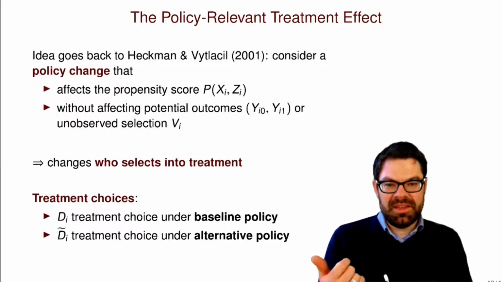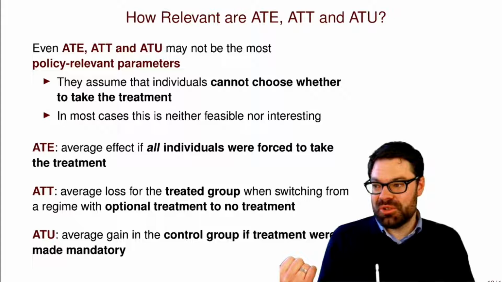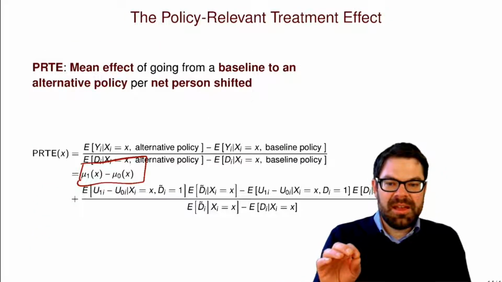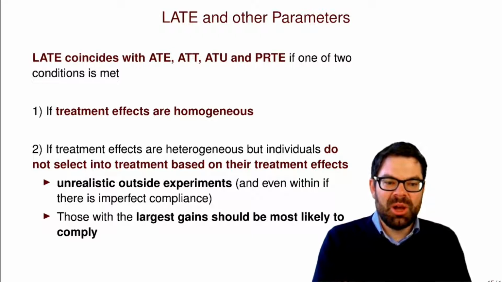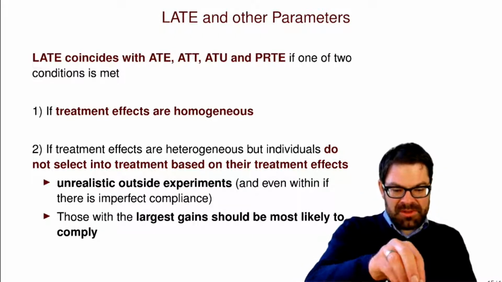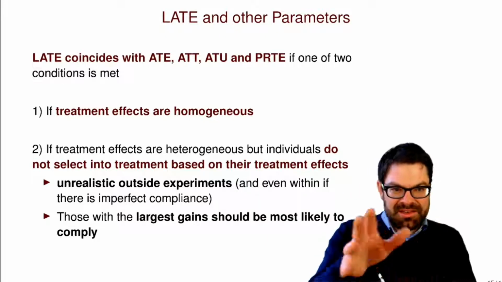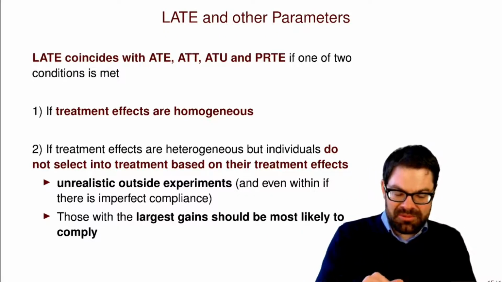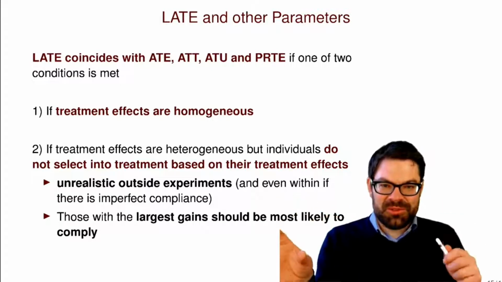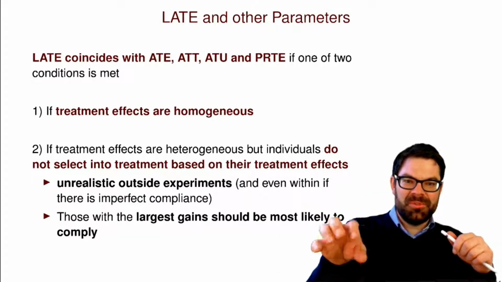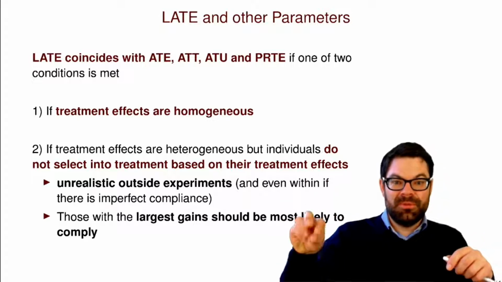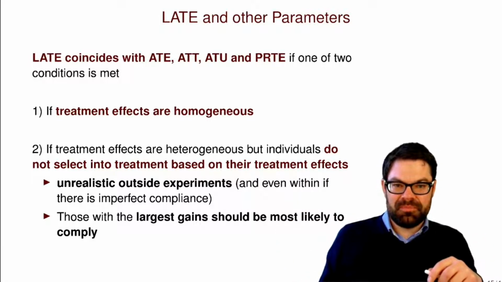Maybe the best thing we can identify is actually the average treatment effect on the treated. But then at least what we should do is we have to take a stand on, well, what is the policy relevant treatment effect? What is the relevant population that is getting shifted into and out of the treatment? And how different are those two effects? And can we learn something about the policy relevant treatment effect from whatever treatment effect we are able to identify?